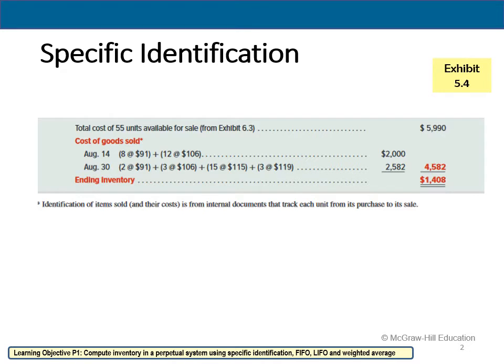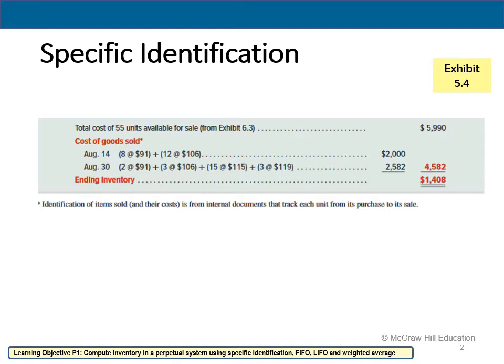Specific identification is useful for large ticket, low volume items like cars or high-end jewelry, because typically items that have serial numbers, items that are pricey, will be specifically identified.